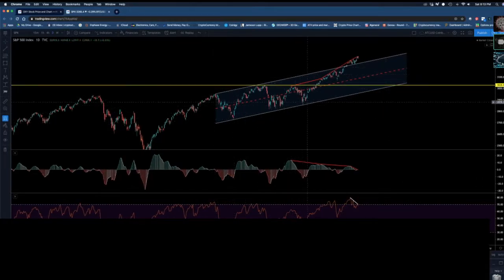Naturally, you would think it would at least get back inside of this channel and retest the bottom of it, which will reset all the oscillators. It'll reset everything, and if it wants to go again, then fine. But something's gotta break here for a second. That's kind of what I'm looking at.